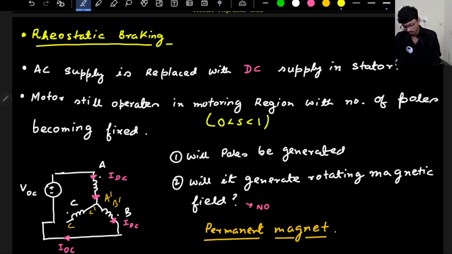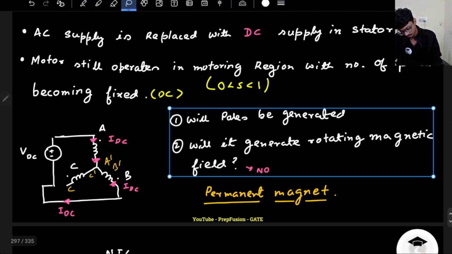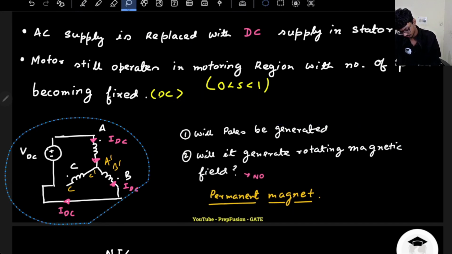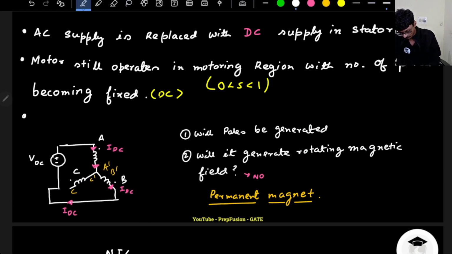With the number of poles becoming fixed because I am applying a DC supply. And the third point will be that the slip will now change.